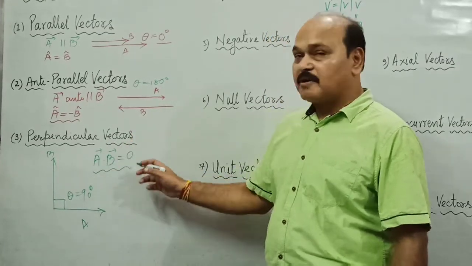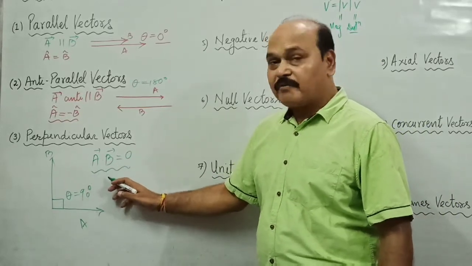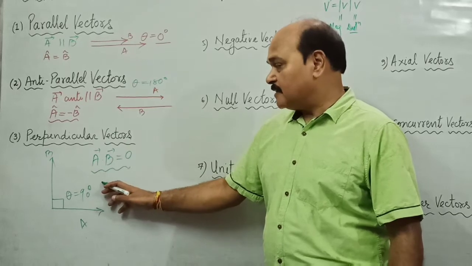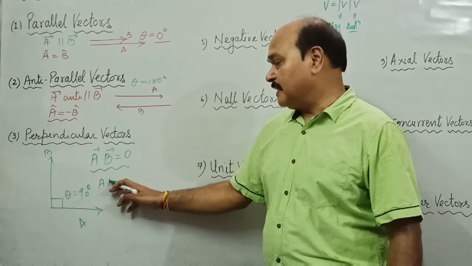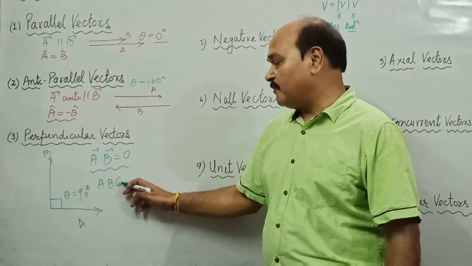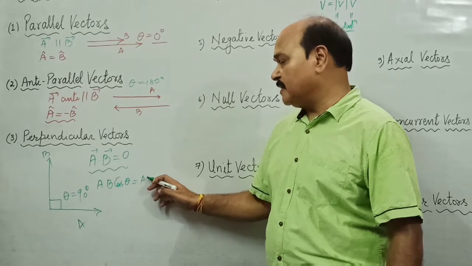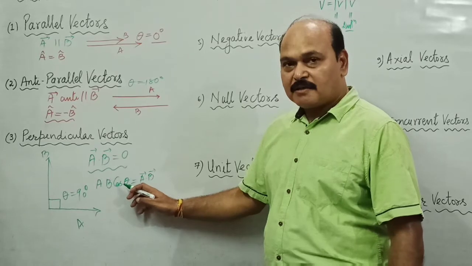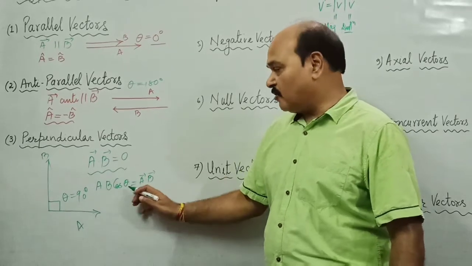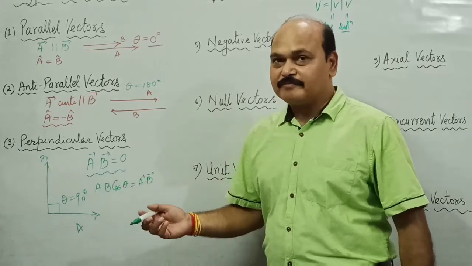But why is the dot product 0? I am going to tell you in just a single statement. The dot product of two vectors is the simple multiplication of the length of A with the length of B and the cosine of the angle between the two vectors. This is A dot B. And if vectors are perpendicular, theta is 90 and cos of 90 is 0. That is why A dot B is equal to 0.